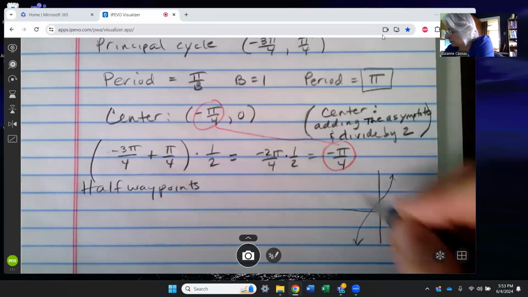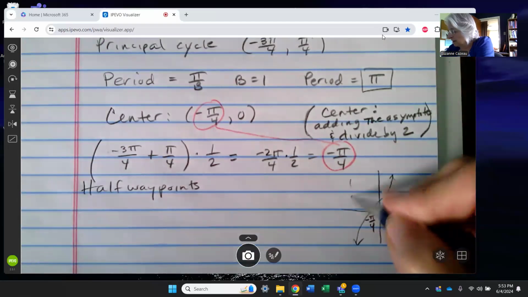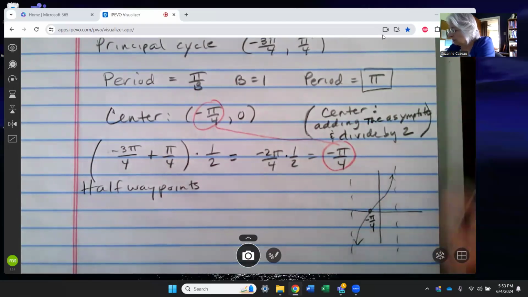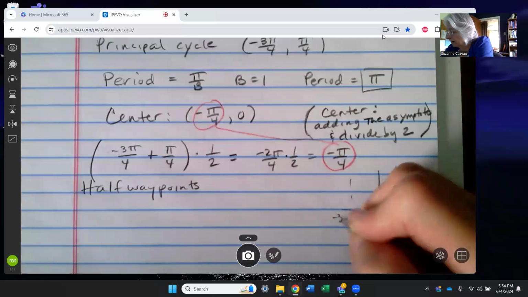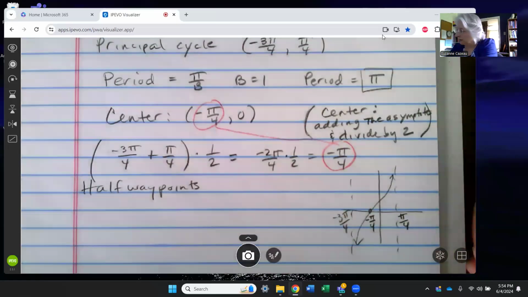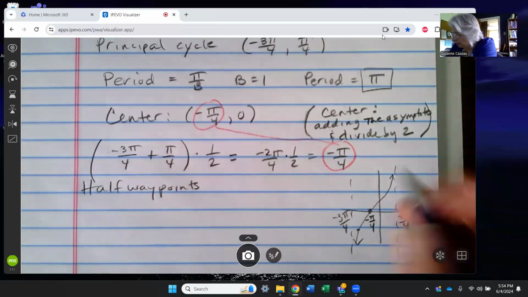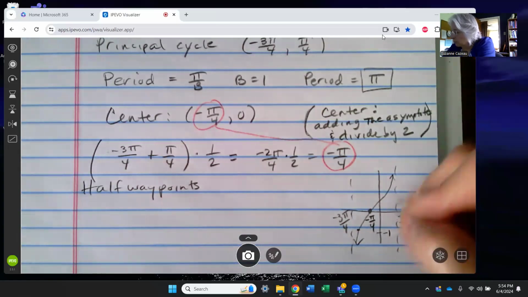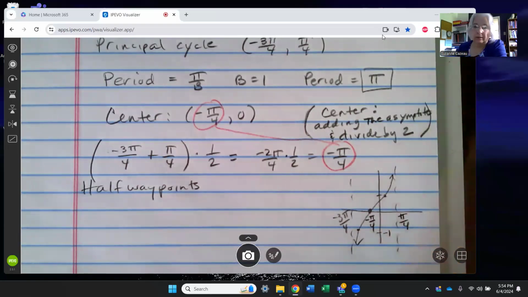I know my graph sucks, but this point here is negative pi over 4, right? And you've got an asymptote here and an asymptote here. This one happens to be pi over 4 here and negative 3 pi over 4 here. So basically you're finding out what's halfway between here and here. And then we've got negative 1 here, right? And then this one will get us between here and here the right halfway point. And that y coordinate is going to be 1 in this case.